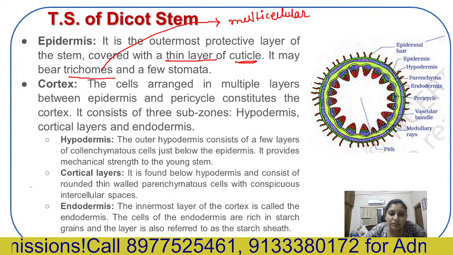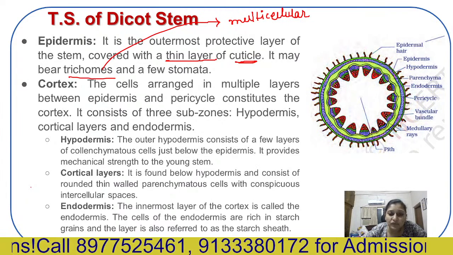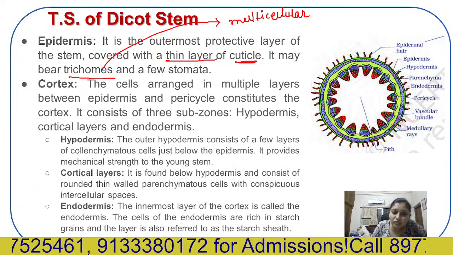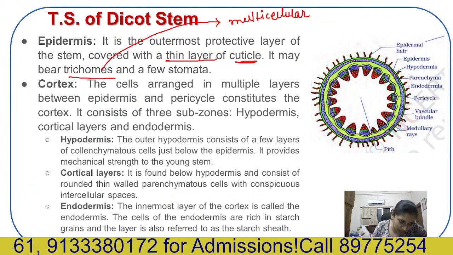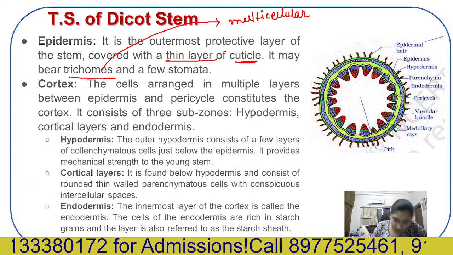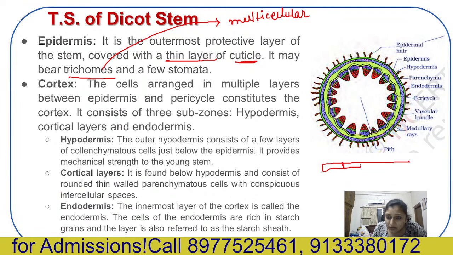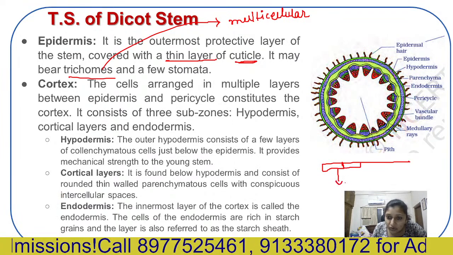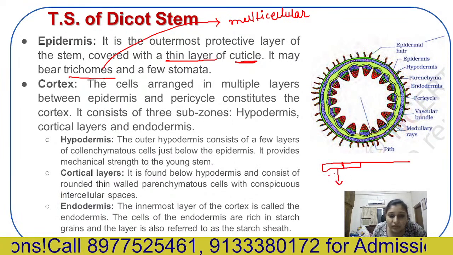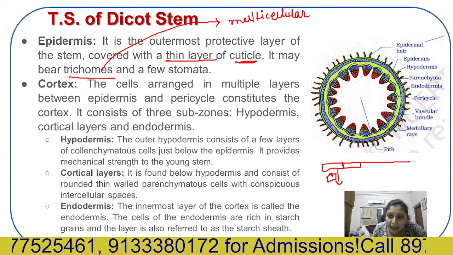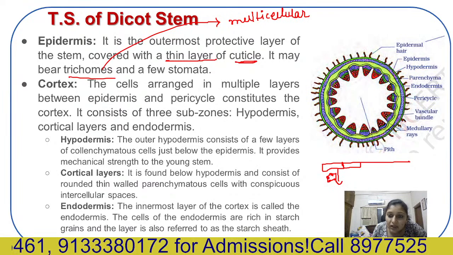The outer hypodermis consists of a few layers of collenchyma cells. So this is the outermost layer of the cortex region, below the epidermis. The first layer is made up of collenchyma cells with angular depositions.